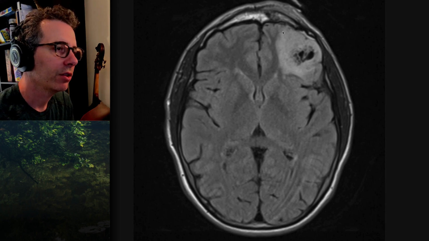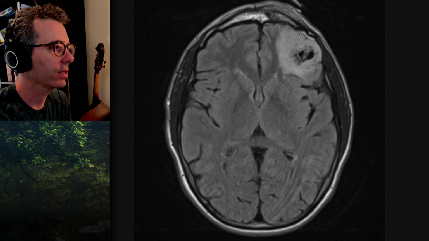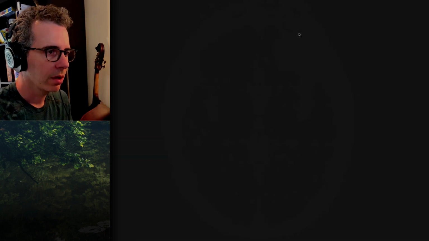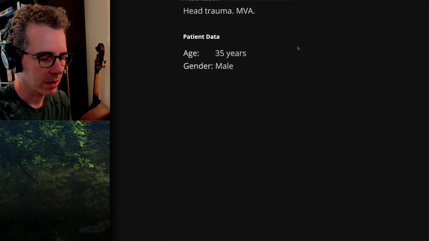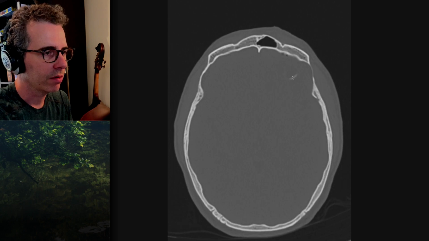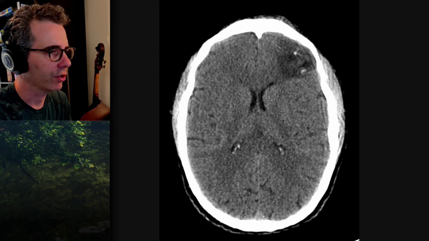So the key feature here is one, on CT, that they don't have a donor site for all that calcium. Two, if you had chunks of bone thrust into your brain, you're not going to be able to do that without hemorrhage.